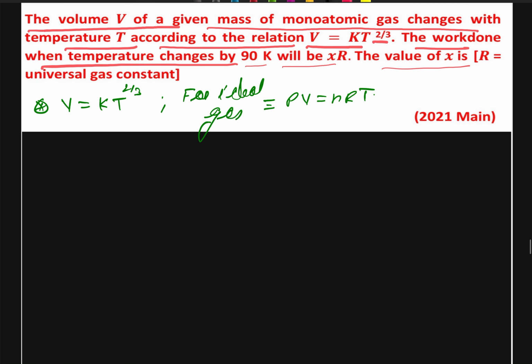So from here we can say that P is equal to nRT upon V. We substitute the volume, we get nRT upon K T raised to power 2 by 3, and this gives us nR upon K times T raised to power 1 by 3.